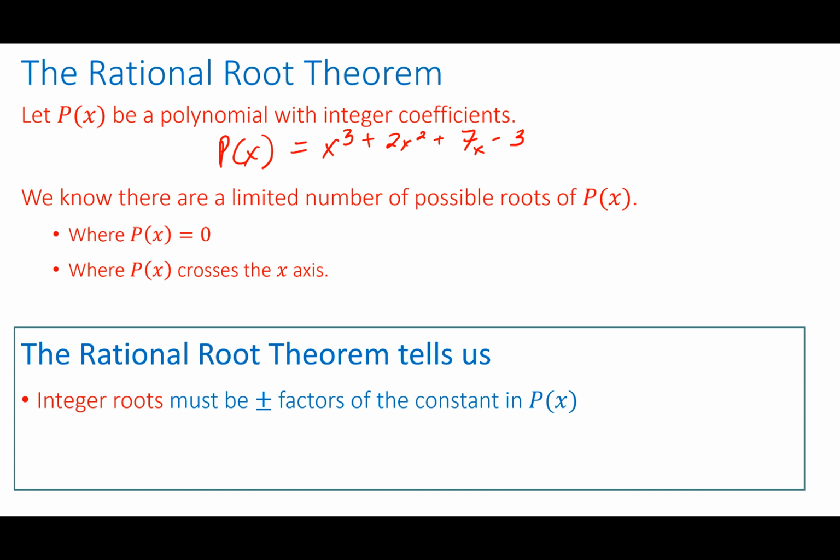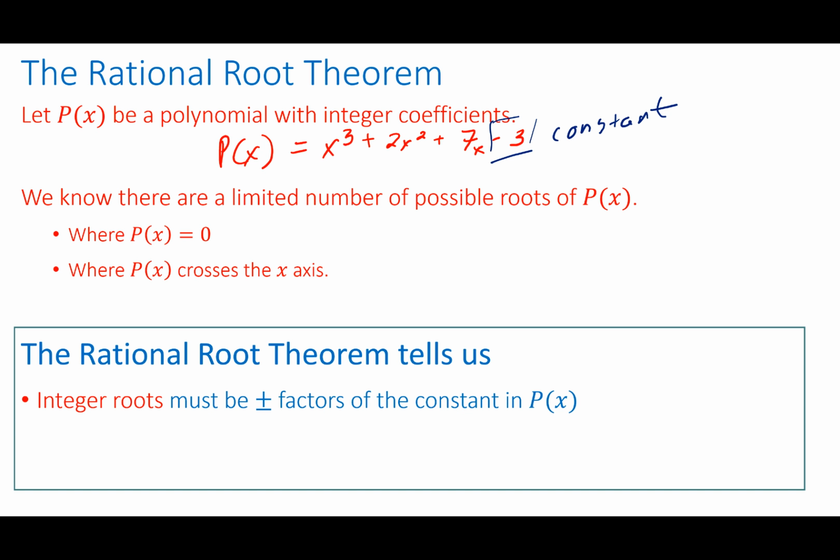What's the constant term in that one? Jake, what do you think? Not x. Nope. A constant, meaning it doesn't change no matter what x I put in there, it's always going to stay the same. Correct. So this right here is the constant. Okay, it doesn't matter what I put in for x, that -3 is not going to change. That's why it's called a constant.